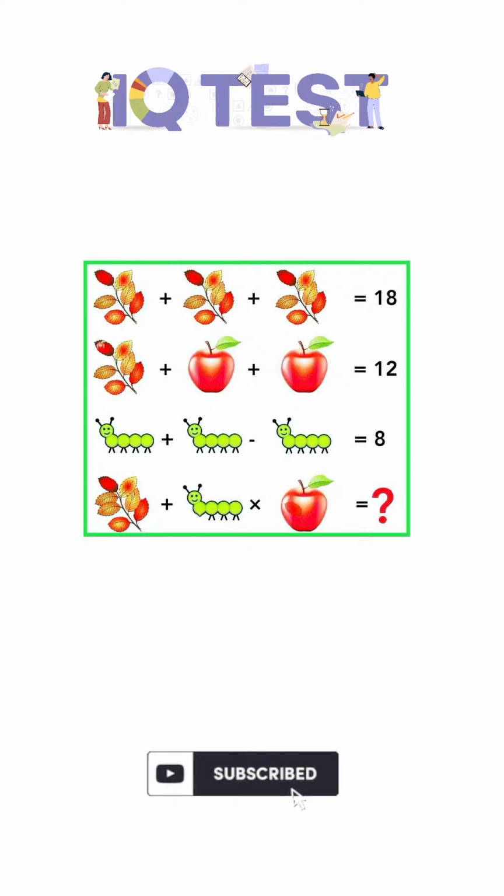Okay, so the final answer here is 30. So the 8 times 3 will give us 24 plus 6, and that will give us 30 as our answer.